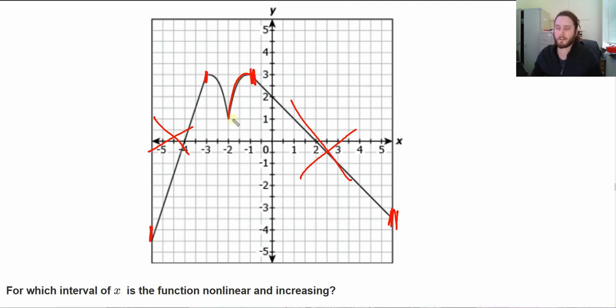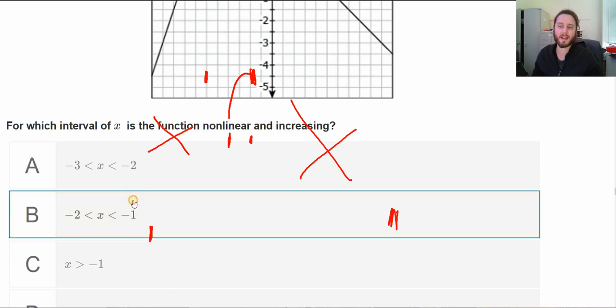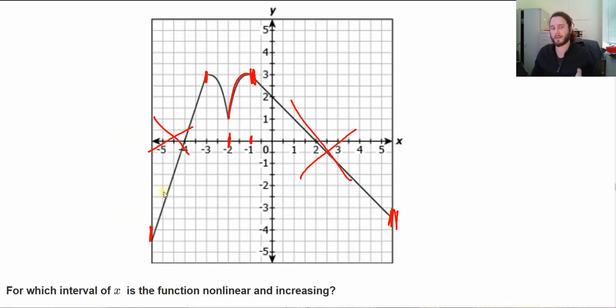And it is kind of increasing. Looking from left to right, it is going upward. So that is between -2 and -1. And I forgot to tell you to pause and do this one. Oops. Yeah, it's going to be between -2 and -1 that this is going to be increasing and nonlinear.